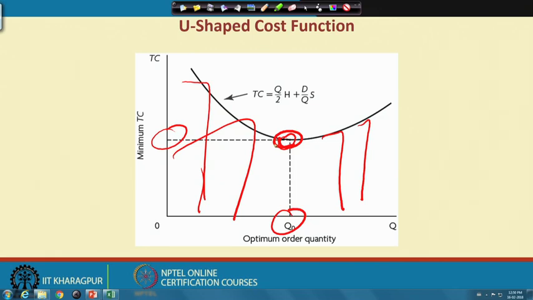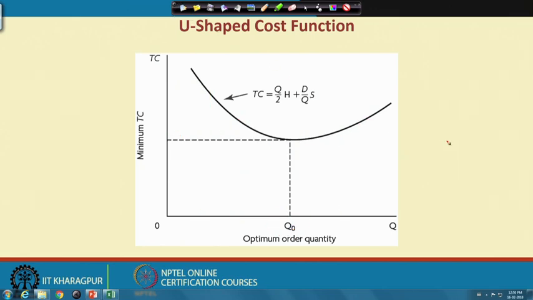Typically here we have lots of flexibility options, like the different corner points we have in the case of linear programming. We also have different kinds of options here, but ultimately there will be one corner point which can give you the optimal solution.